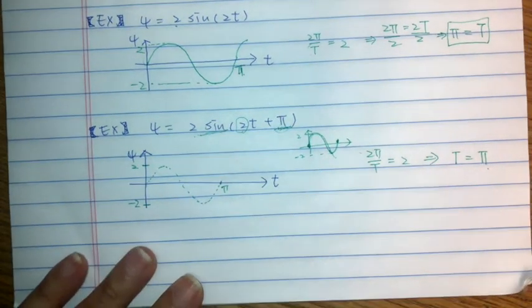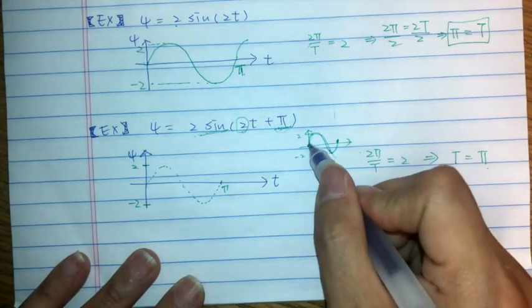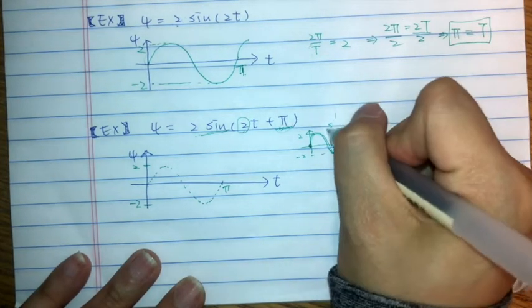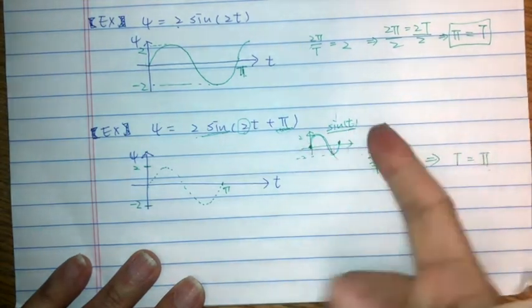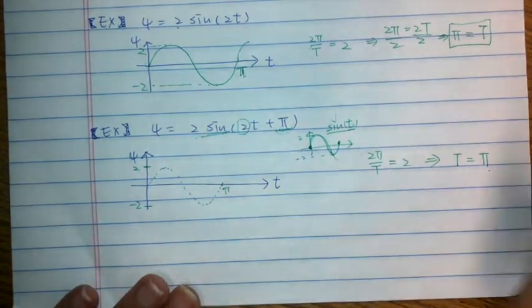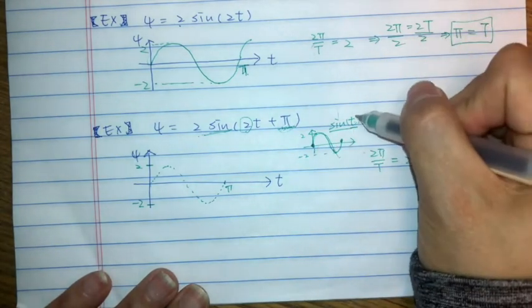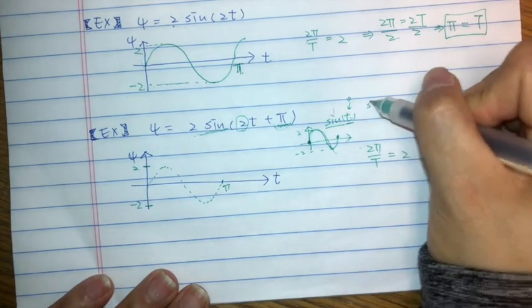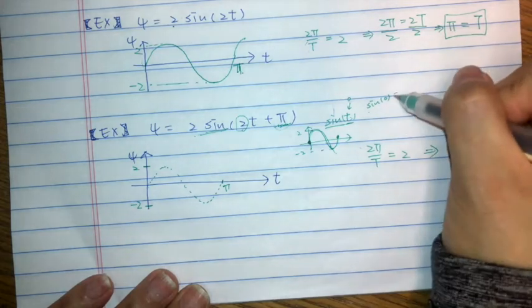So what does that mean? Let's see. In this picture, we know that the sine starts from 0, going up and down, right? So this is the general form for sine t. And this one looks this way because if you put 0 into t, you get sine 0, and we know sine 0 is 0.